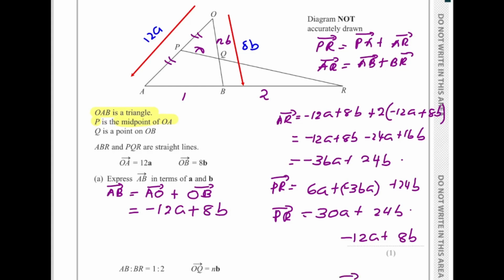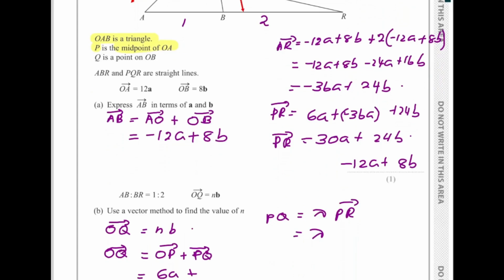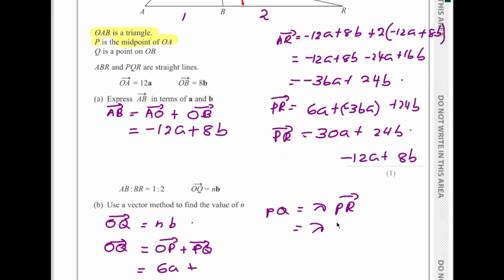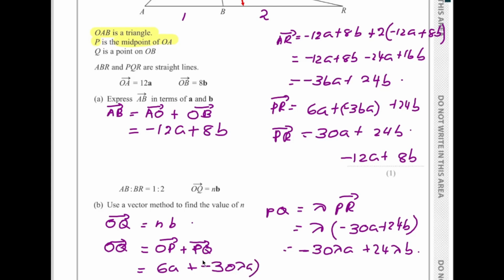I have PR here, and lambda times PR I got as minus 30A plus 24B, which means minus 30 lambda A plus 24 lambda B. So let's bring this PQ here to get OQ, which means minus 30 lambda A plus 24 lambda B.